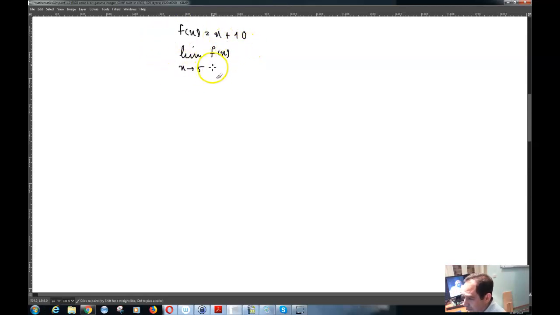Since x is tending to 5, you need to find the values of f of x very close to x equal to 5, meaning that you need to get very close to the points 10 and negative 10 on the axes.